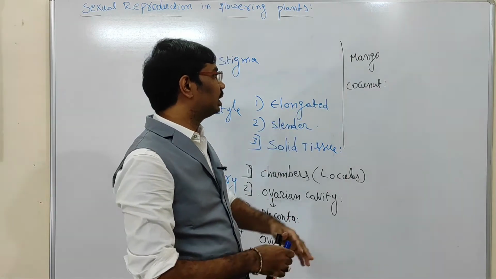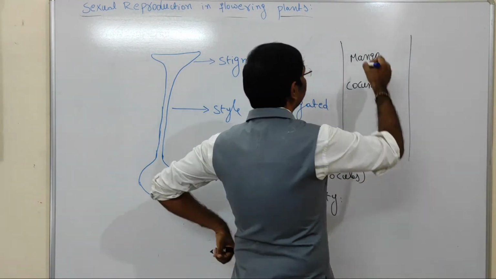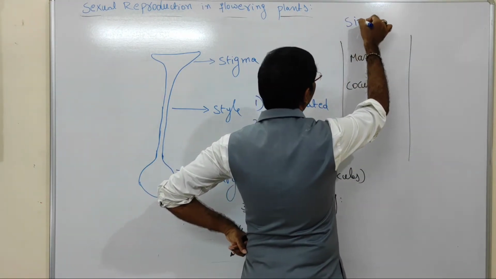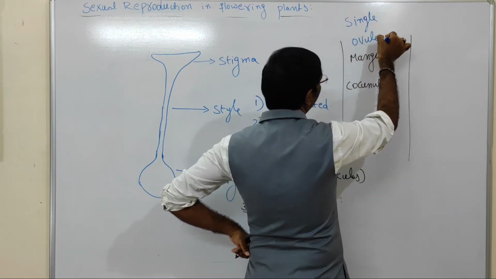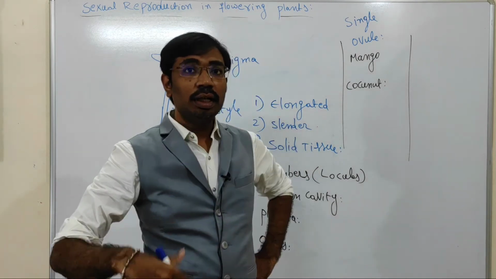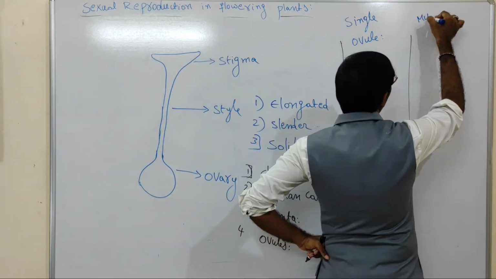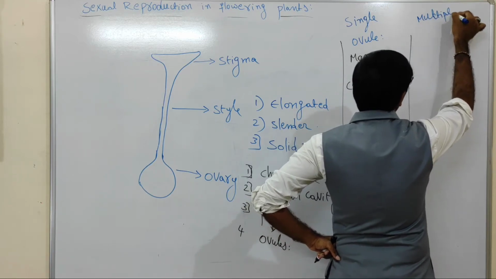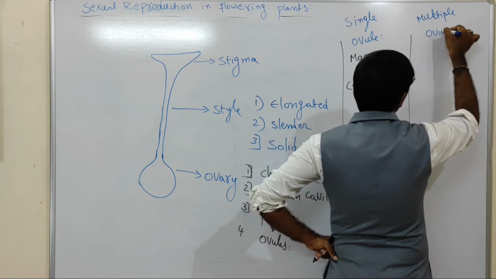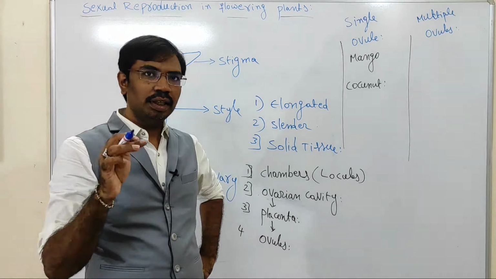Single ovule ovaries contain a single seed. But in some cases, multiple ovules are present in the ovary.